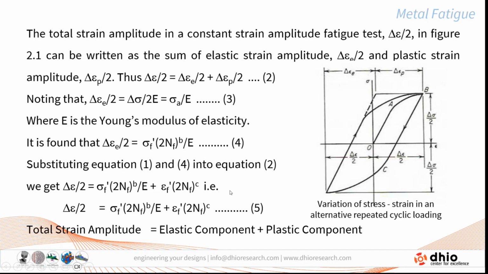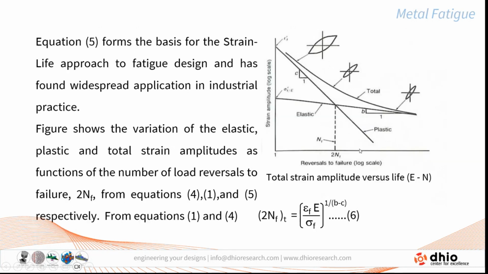These are being related, and then we arrive at the stress versus number of cycles curve, where we have the resultant SN curve plotted by considering independently the elastic behavior and the plastic behavior.